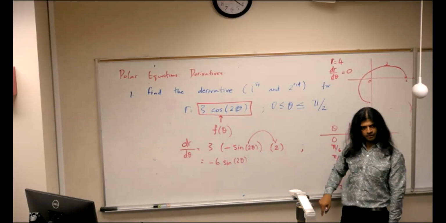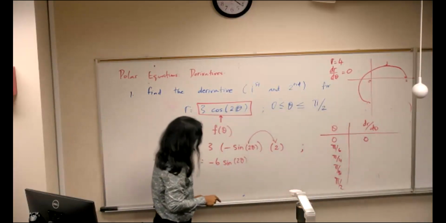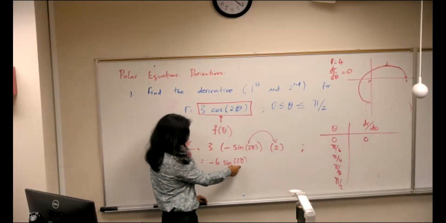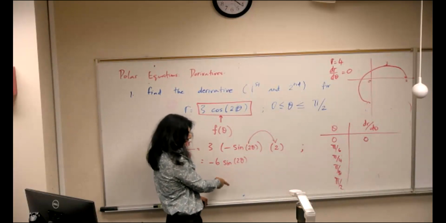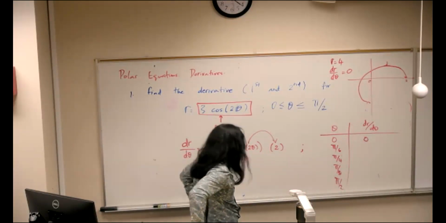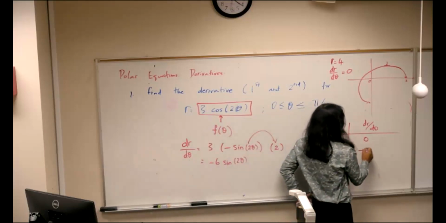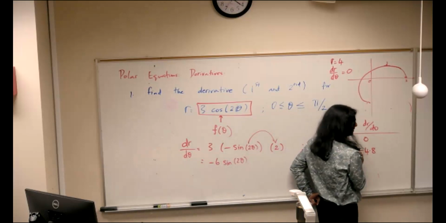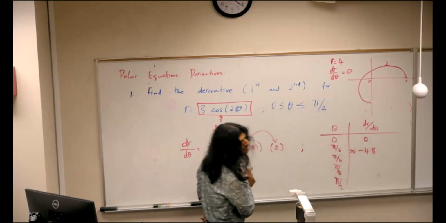If you put theta equals pi over 6, this would be sine pi over 3, which is square root of 3 over 2, approximately negative 4.8. Approximately. You were close. 4.9.